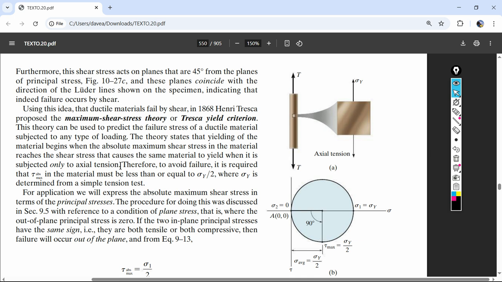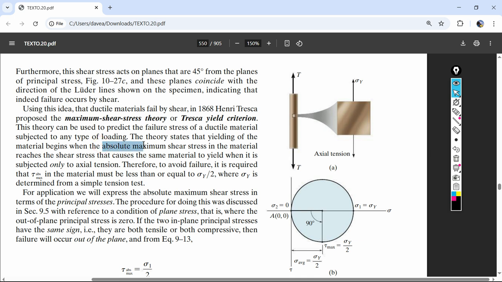Okay. I feel like that statement's a redundancy. I don't know how to pick it apart. I'm just going to read it one more time and then move on. The theory states that yielding of the material begins when the absolute maximum shear stress in the material reaches the shear stress. Oh, okay, so yeah, got it.